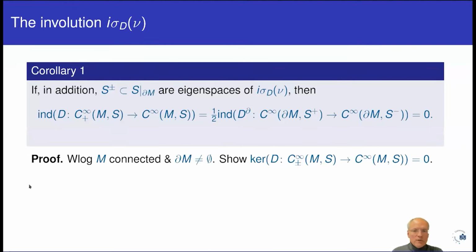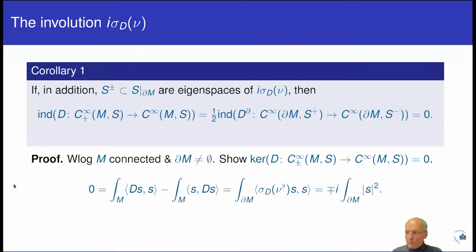Okay, so let's assume we have something in the kernel, satisfying either the plus or minus boundary conditions. Then we can do the following computation. I look at the integral of <Ds, s> minus <s, Ds>. Both terms are 0 because Ds is 0, as I assume that s lies in the kernel. So that gives me 0.